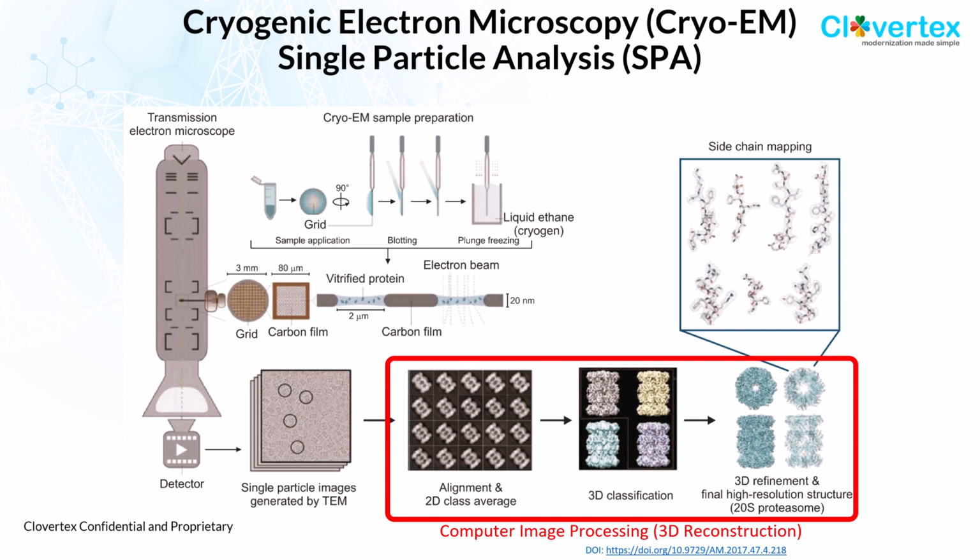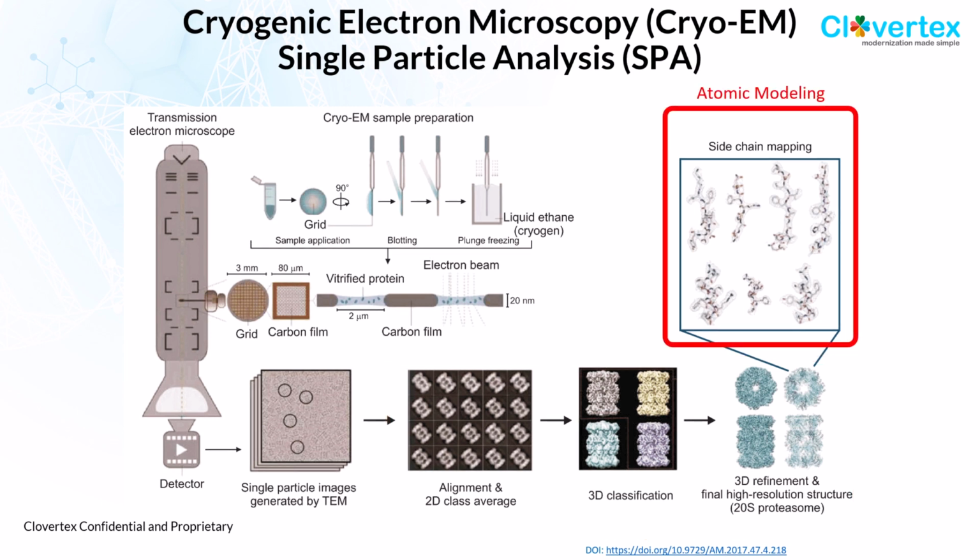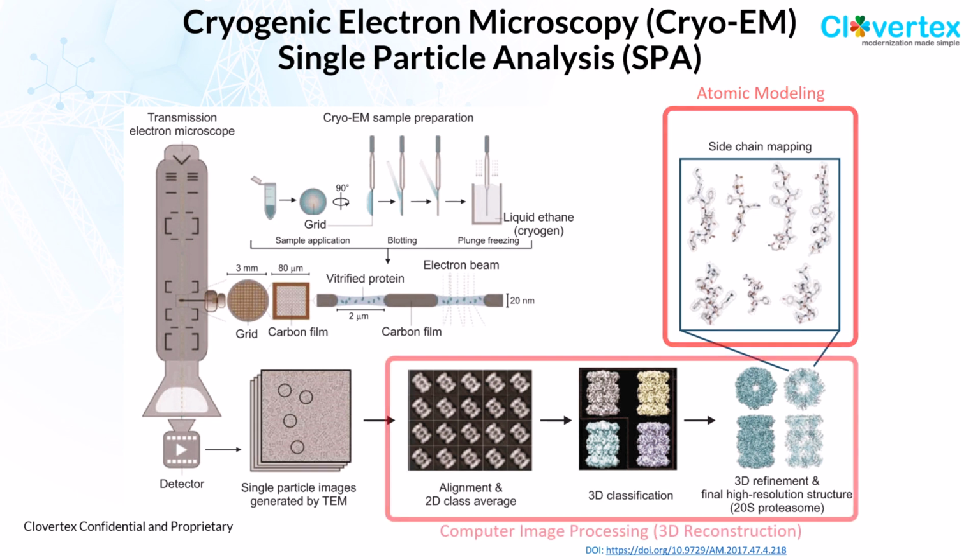For this, we use computer image processing, and this method is called the 3D reconstruction procedure. Once we get the final high-resolution structure or map, then, next please, we can start building the atomic model based on this 3D map we obtained from cryo-EM.